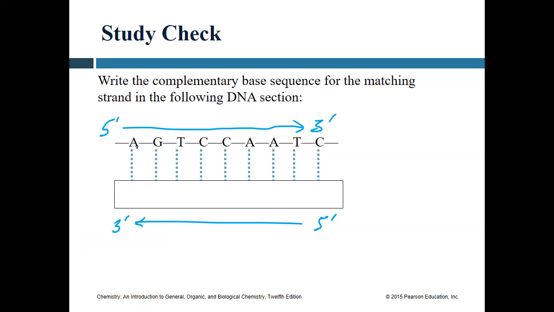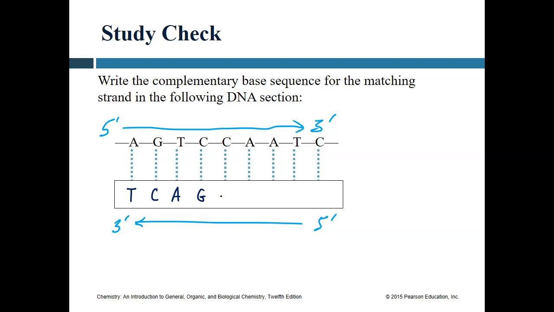So what would match the A, the adenine, on this complementary strand? T. What would match the G? C. And the T? A. And the C? G.